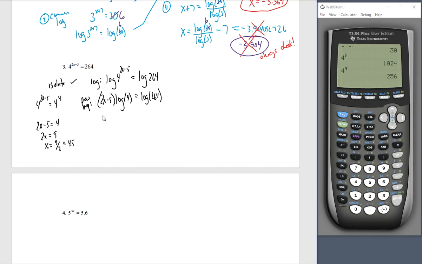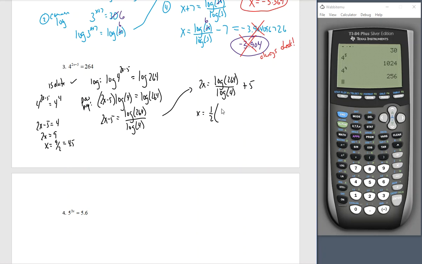And then we divide. Let's take 2x minus 5. We'll have log of 264 divided by the log of 4. We're going to add 5. Bring it up over here. Add 5 to both sides. And finally, we're going to divide it all by 2.